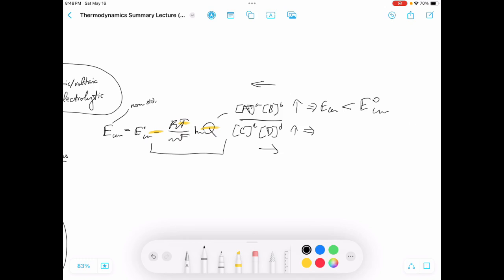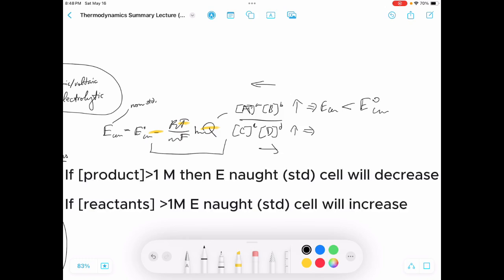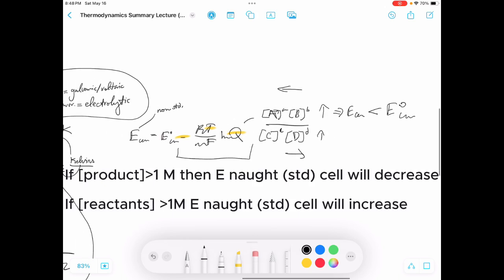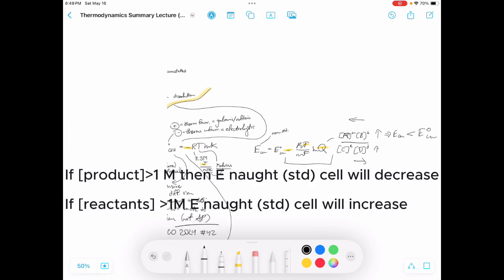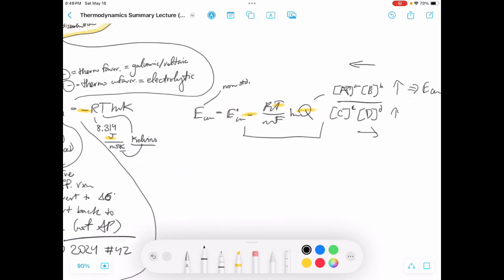I'm not going to write the mathematics out here because it's a bit more varied than the first time. But your E cell is going to be either pretty close to E naught cell, or it's going to be greater than E naught cell. And the same logic applies with temperature, right?